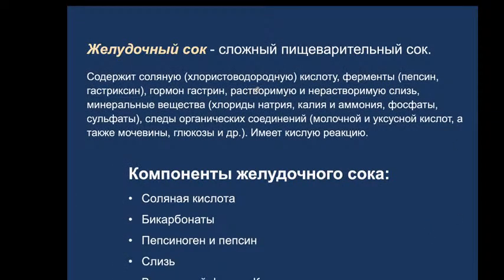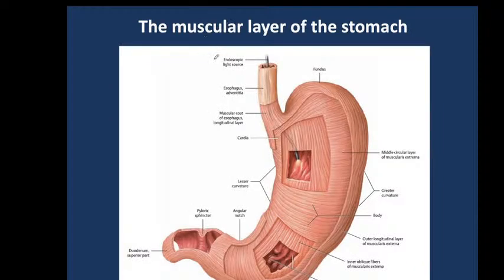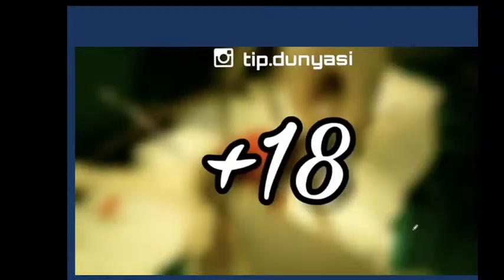All of these components are called stomach juice. And there are three layers of muscular membrane in the stomach, and outside it is covered by a serosal layer to help this organ move easily inside.